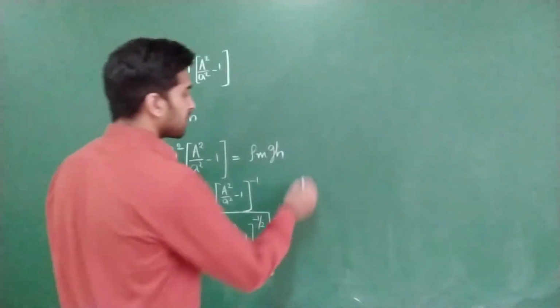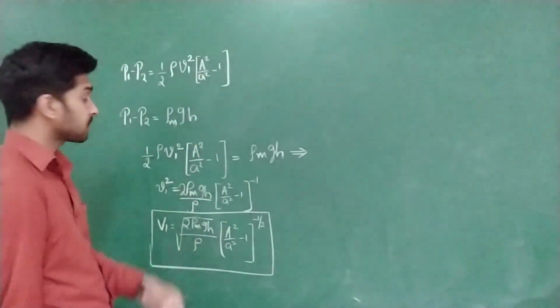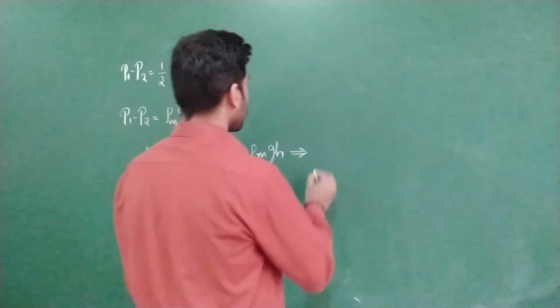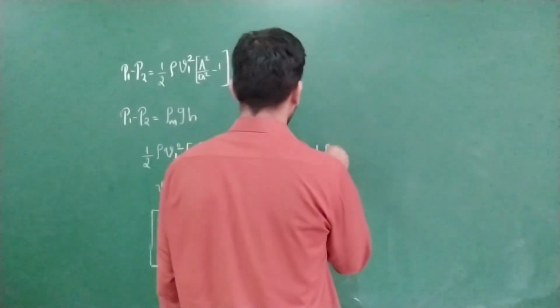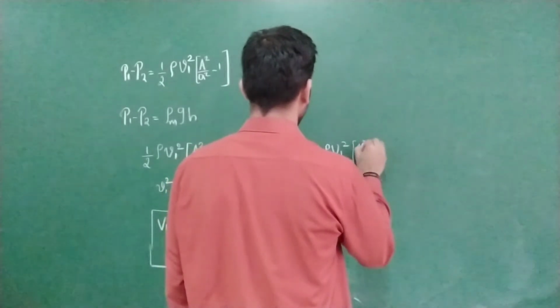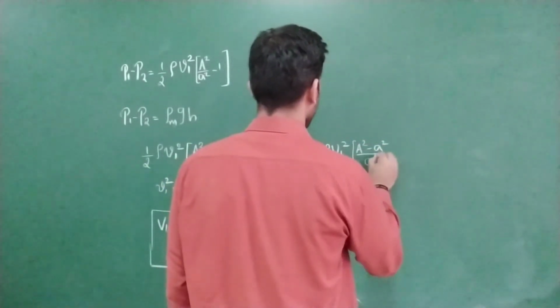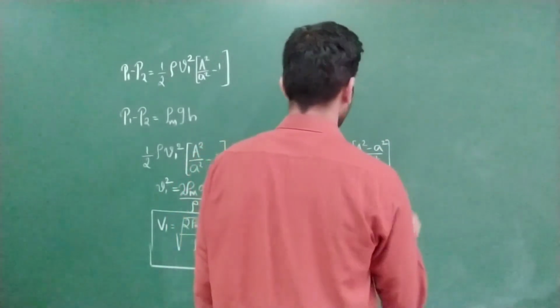So otherwise what we can go from this step? We can take LCM over here. Okay, let us see what we are going to get. Half rho V1 square into bracket A square minus small a square whole divided by A square is equal to rho m GH.